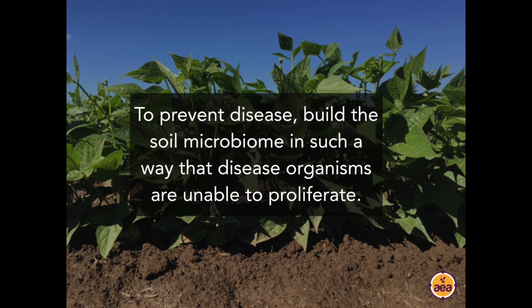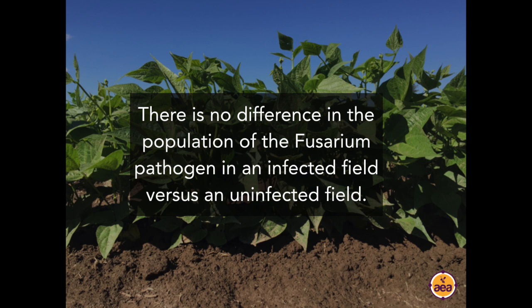So what I hear you saying is to build the microbiome in such a way that these soil-borne diseases aren't able to proliferate. Exactly. According to Don Huber, I don't recall if this was in a personal conversation or in one of the podcast interviews that I did with him, but he was very clear that when you have two fields, one field has a Fusarium infection, the other one does not, there is no difference in the population of infectious Fusarium in the field.